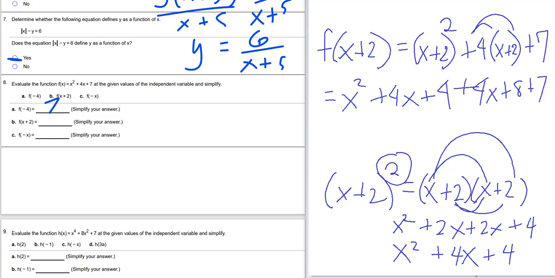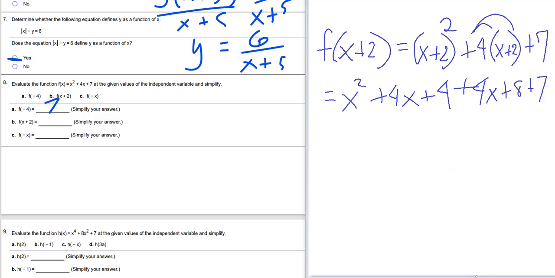Now my math lab is going to expect you to clean this up a little bit, okay, by combining the terms that are alike. So x squared has no other like terms. There are no more x squared terms, but 4x and 4x makes 8x, and 4, 8, and 7 are all numbers, and those add together for 19.